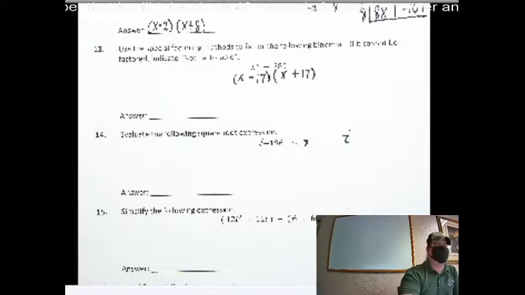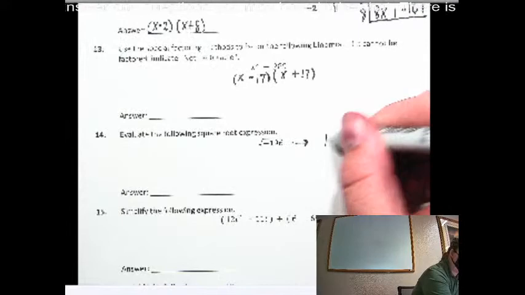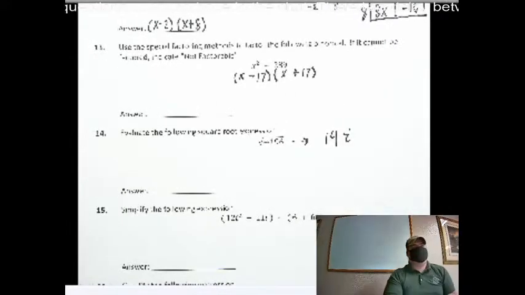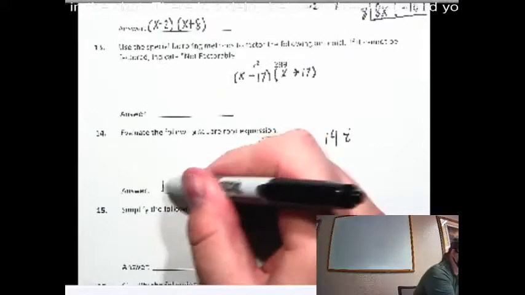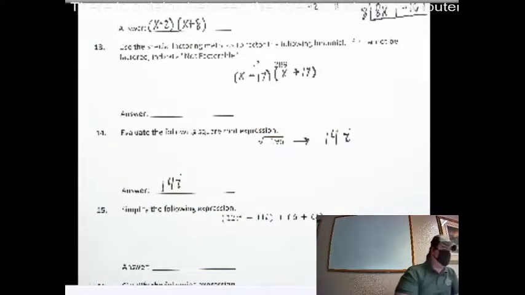I'll allow you to use calculators on the test, so I'm not too concerned with you being able to do it by hand. 14, yeah. So what we get here is 14i. Excellent. Any questions?